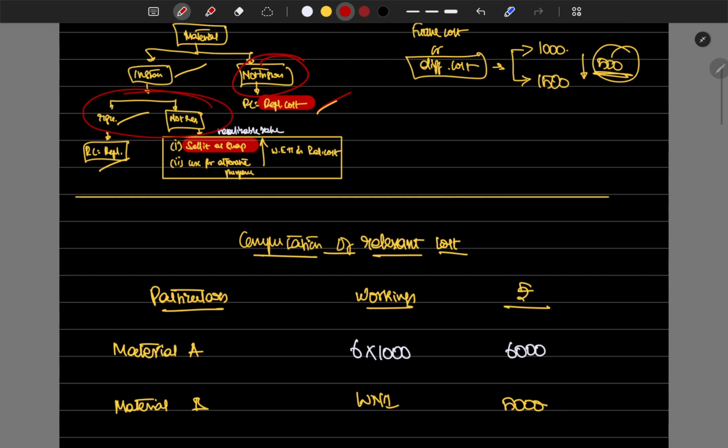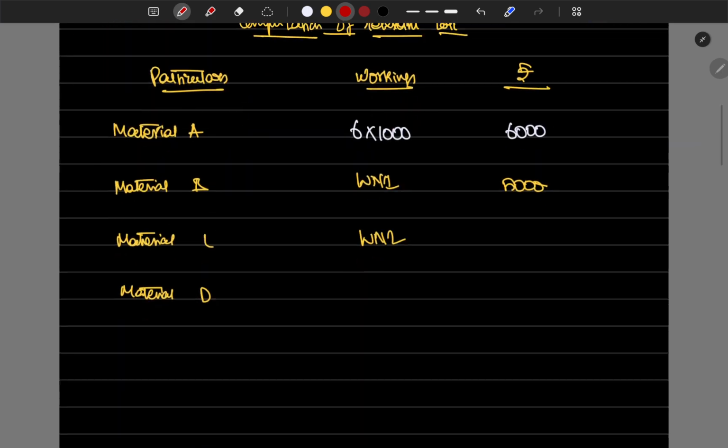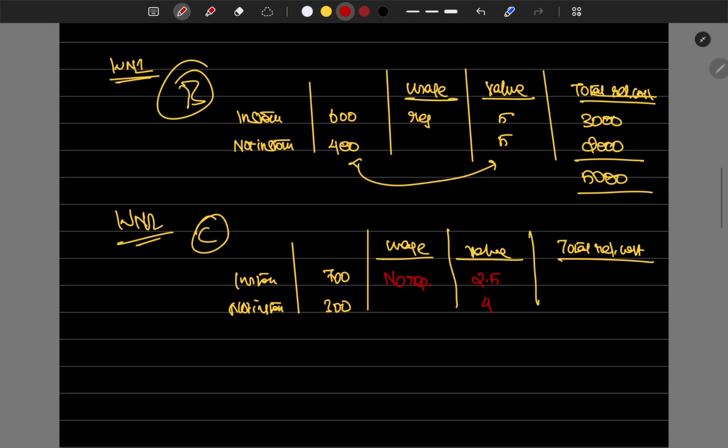And not in stock, so replacement cost, which is 4. So 700 into 2.5, 1750, 300 into 4, which is 1200. We'll get 2950.